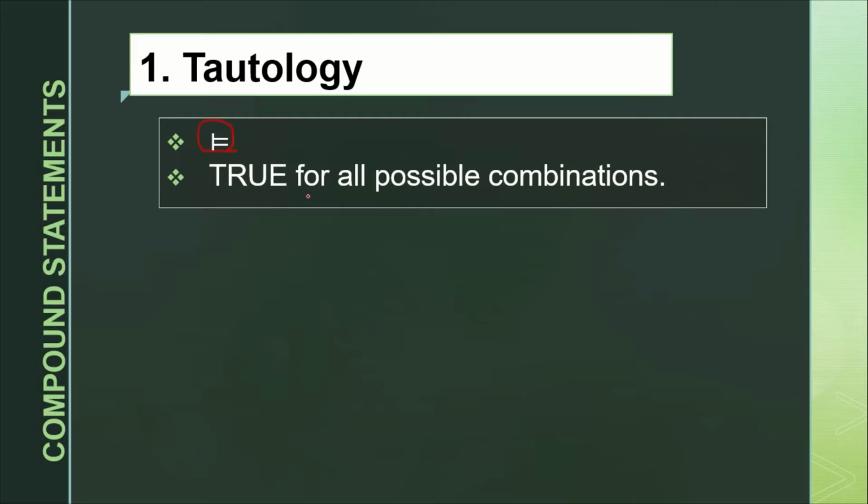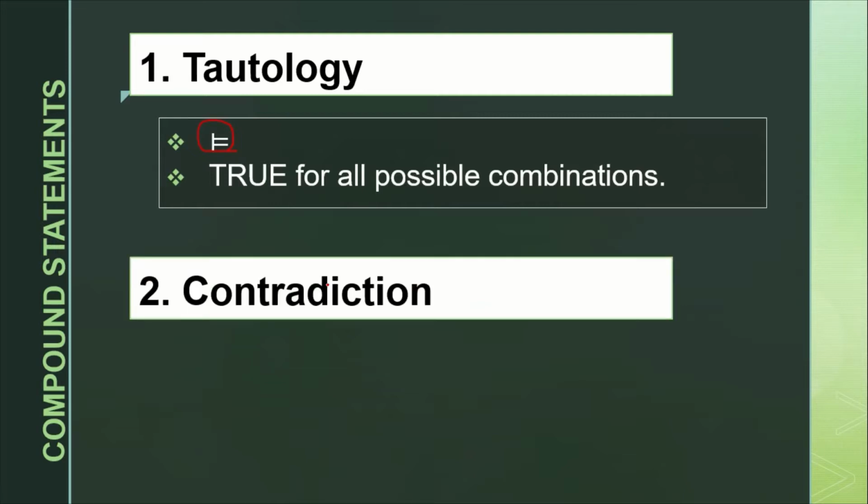Now, in a tautology, for all the possible combinations of your atomic statements, the result is always true. If the truth value of that compound statement is always true, then we will call it a tautology.